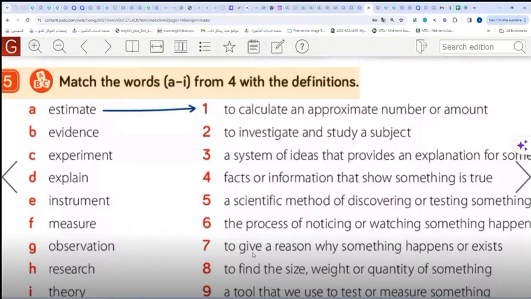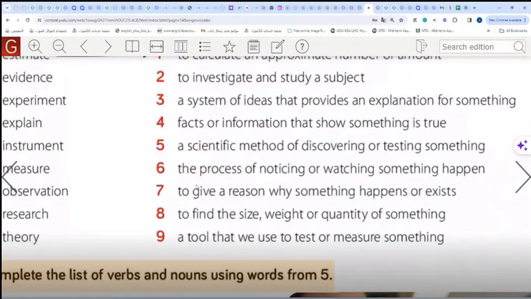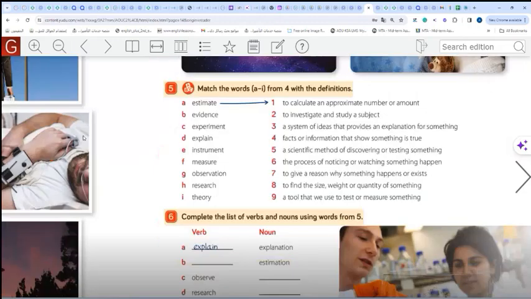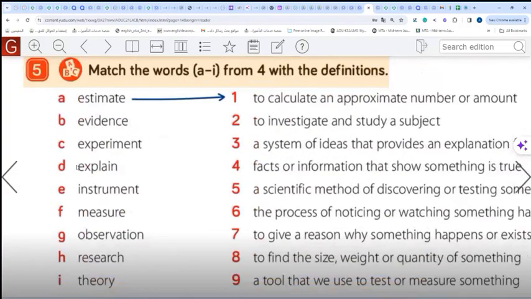Experiment. Yes. A scientific method of discovering or testing something. Thank you so much, dear student. Do you agree with them? Okay, so what about D?